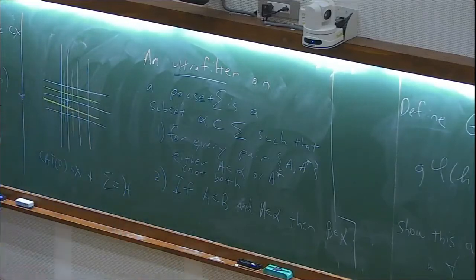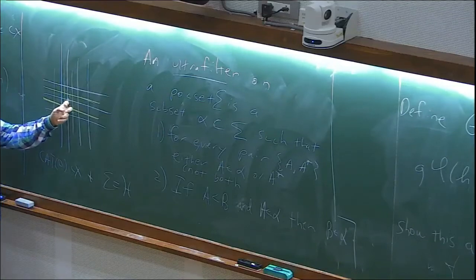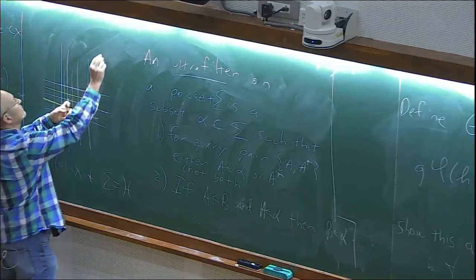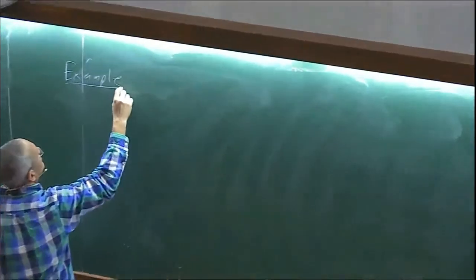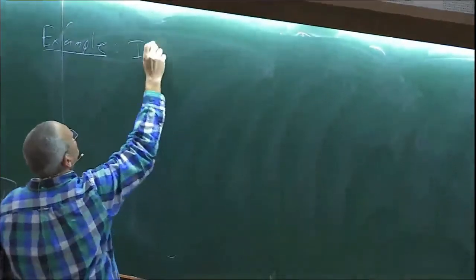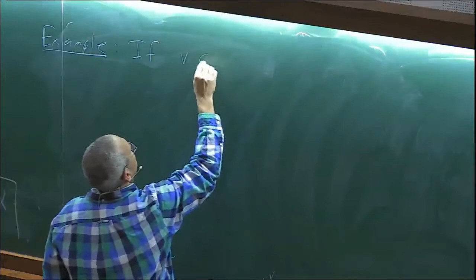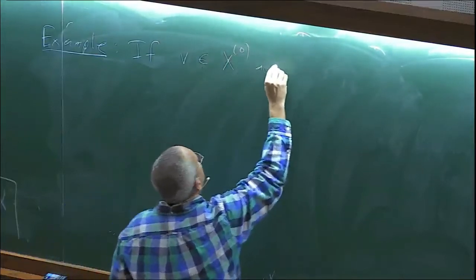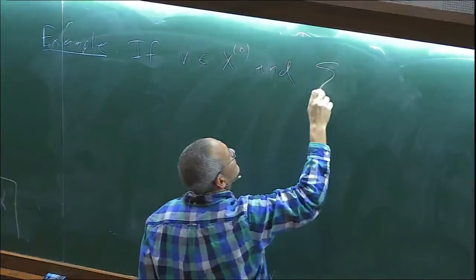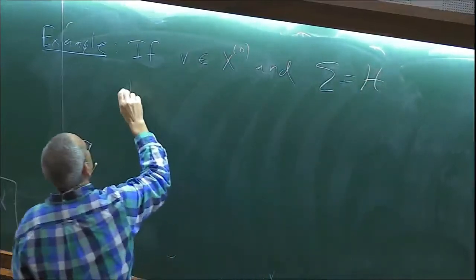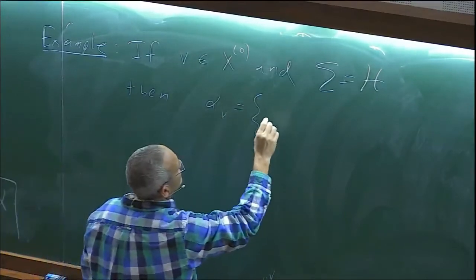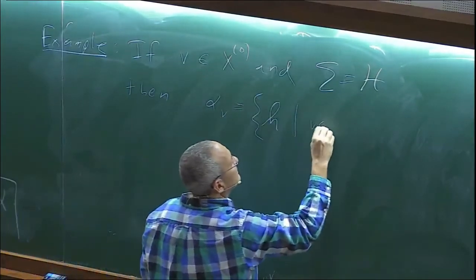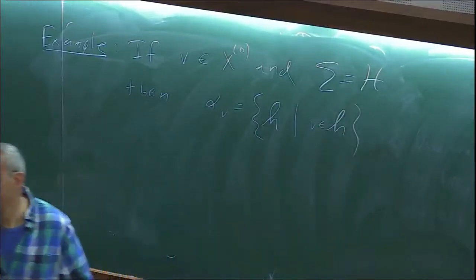If you think about what happens for a vertex, this is an example: alpha V, if this is a vertex V, is just the collection of all half spaces that contain V. So if V is in X0 and H is in sigma, then alpha V is just the set of all H such that V is in H. Okay, that satisfies this condition.